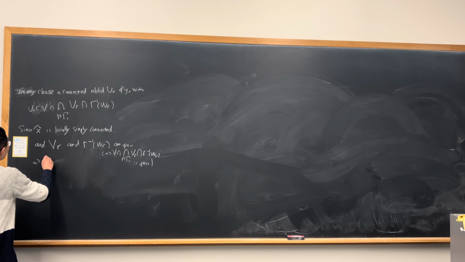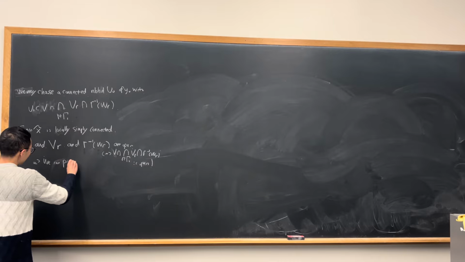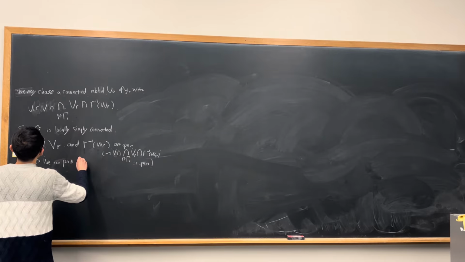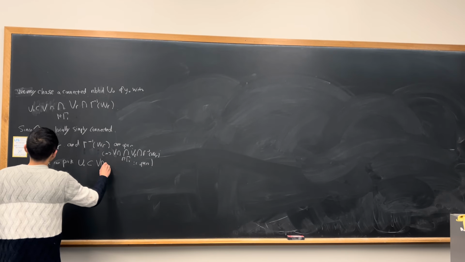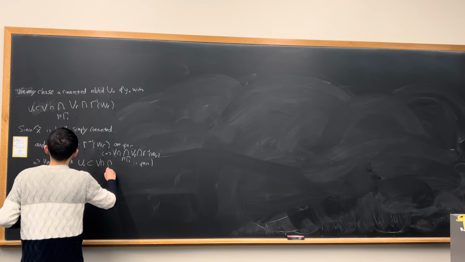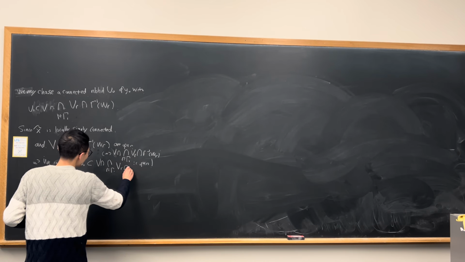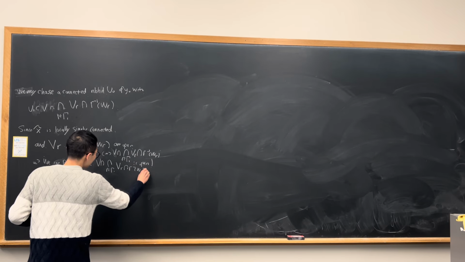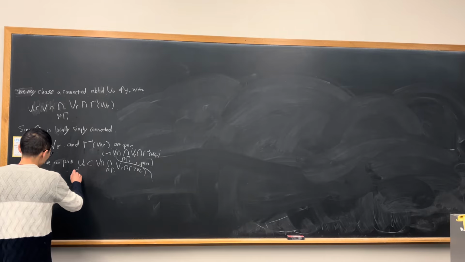So we can take this U naught as a subset of this V intersect the intersection.